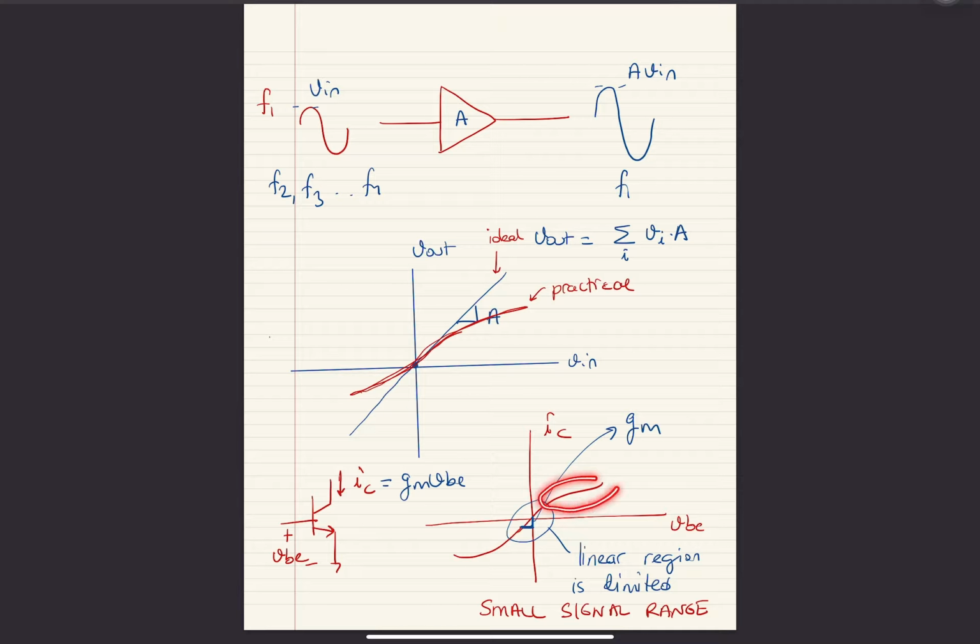Because in the other regions, when I go above small signal range, this assumption is not true anymore. There will be some undesired terms in here, and because of that, you cannot have this linear amplification. So small signal range is this: how small should the input be so that my output current is still GMVBE? In other words, I can use small signal model only for this small signal range.